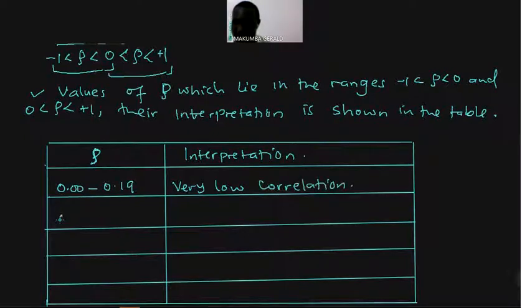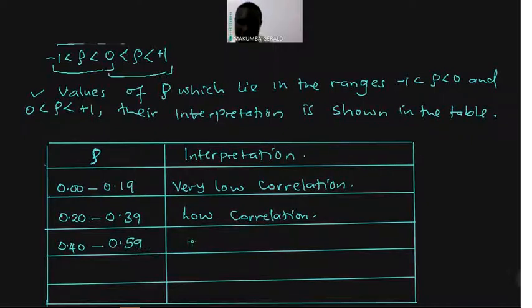Next, 0.20 to 0.39 shows low correlation. The other one picks on from 0.40 to 0.59, showing moderate, or substantial, correlation.